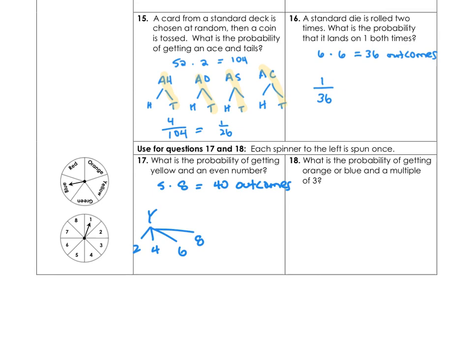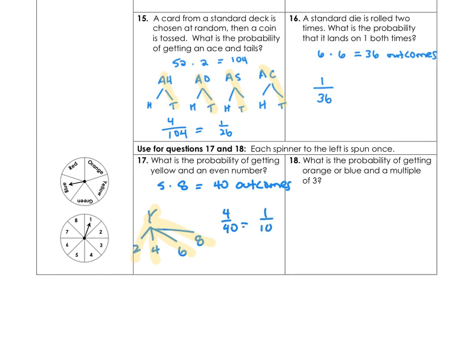Right, yellow and then an even number. So that is 1, 2, 3, 4 out of 40 times. So my probability is going to be 4 out of 40, which simplifies to a 1/10 chance.